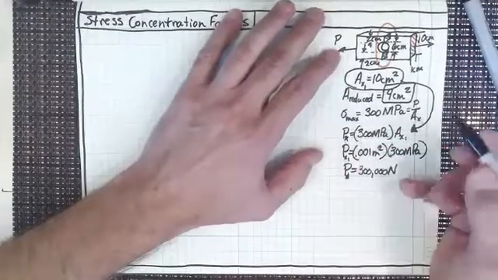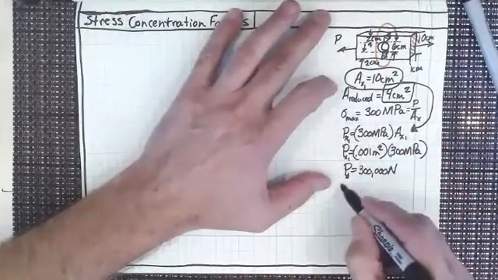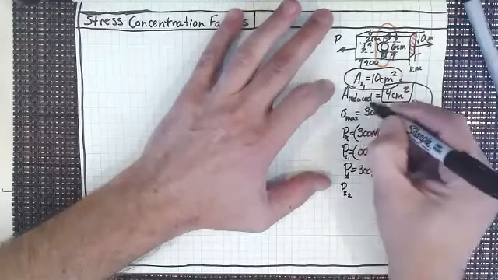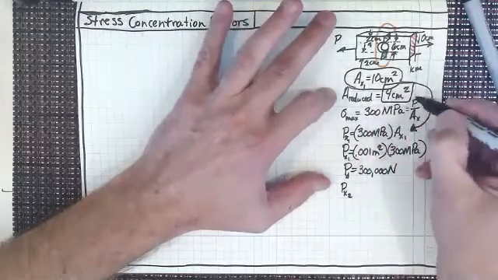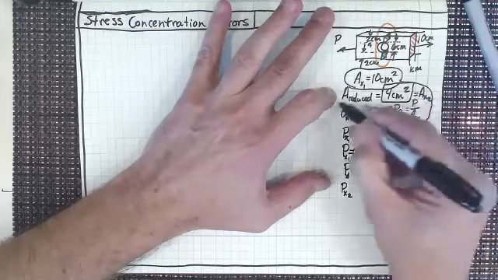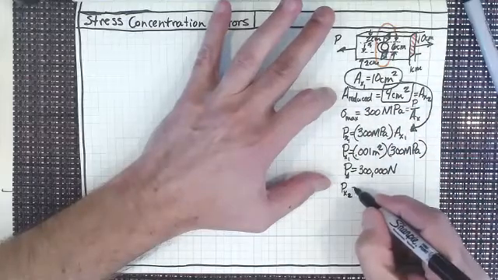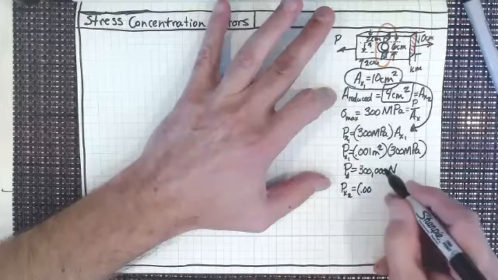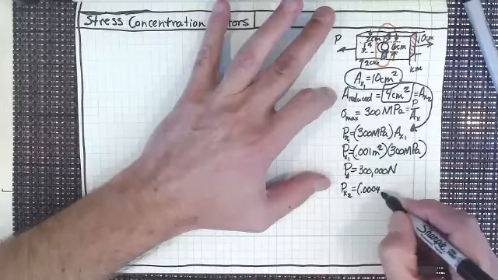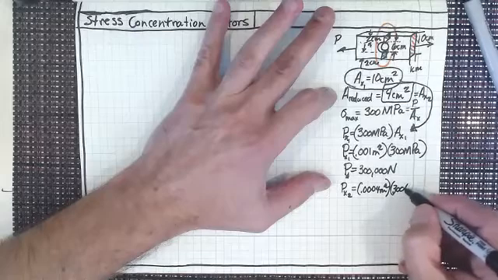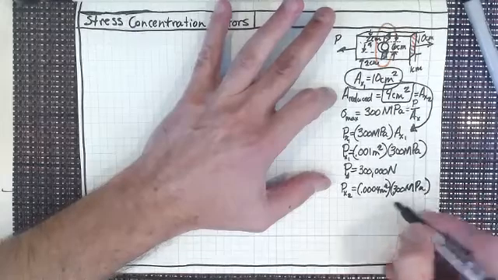Let's put that there. And then PX2, I'll call this, or X reduced, I don't know, I'll call it AX2. I don't want to write out reduced every time. So PX2 is going to be 0.00, but it's not 1 anymore, it's 0.04 square meters times 300 megapascals, right?